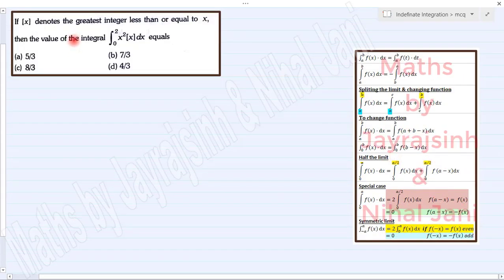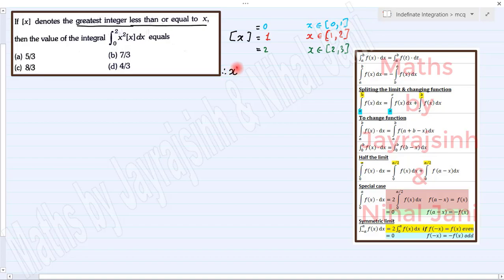Here box x denotes the greatest integer less than or equal to x, and we have to find the integration of x square into box x. Now we know that box x will be 1 if x belongs to 1 to 2, it will be 2 if x belongs to 2 to 3, and it will be 0 if x belongs to 0 to 1.